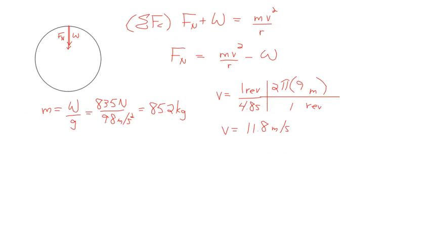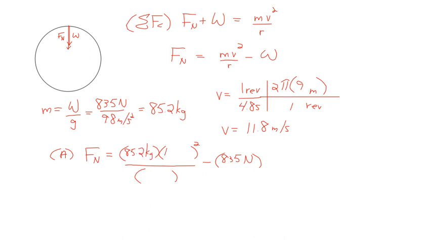So for part A, the seat belt is going to, I'm going to put in mv squared divided by r minus w. Now w was 835 newtons. The mass was 85.2 kilograms.